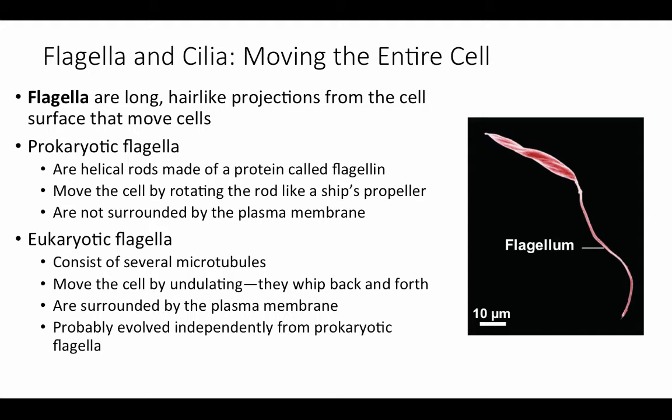And in eukaryotes, the flagellum is surrounded by the plasma membrane. So given all of these differences in structure and material, it's thought that probably these two different kinds of flagella evolved independently from each other. So separate evolution of very different flagella in prokaryotes and eukaryotes.